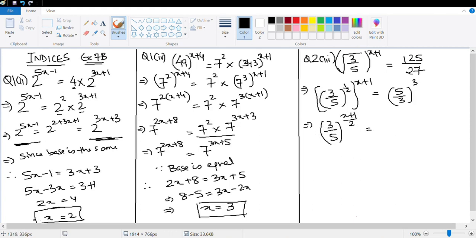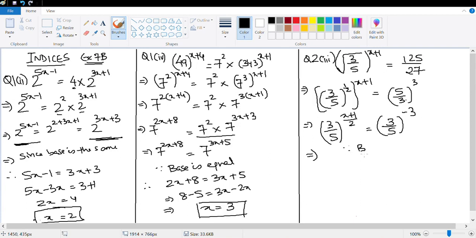I notice that 3 is in the numerator, whereas here it's in the denominator. So let me take it to the numerator, which means the power will become negative. So this is 3 upon 5 raised to the power negative 3. Similarly, if I was in the denominator, here it was in the numerator, I have just changed the numerator and denominator.